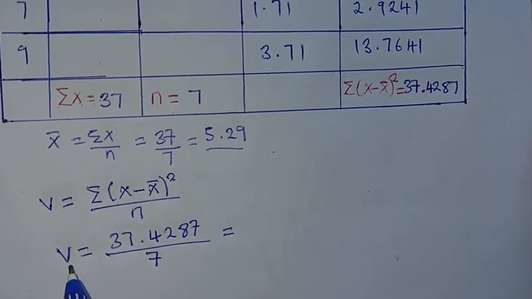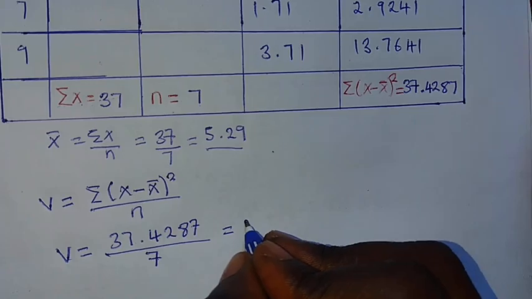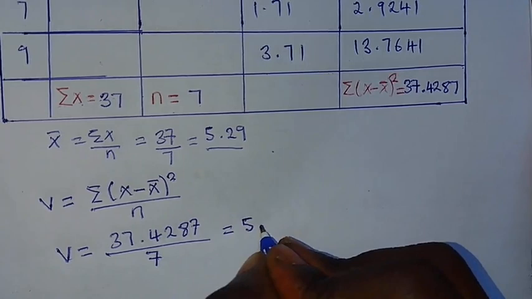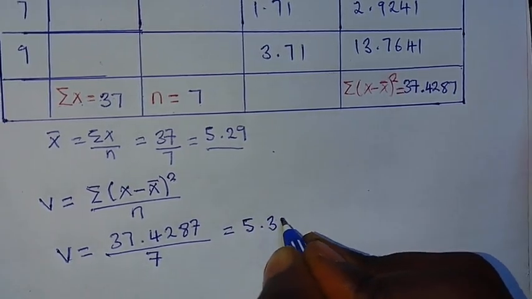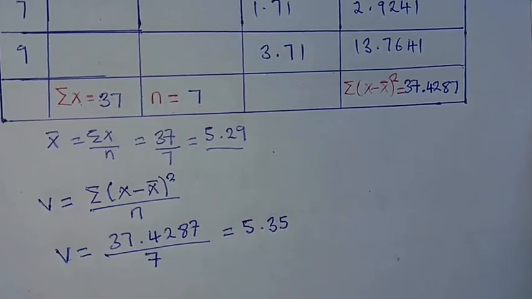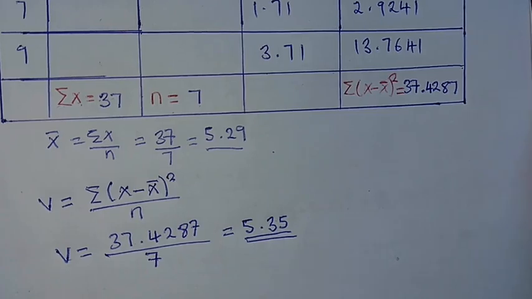So when you divide 37.4287 over 7, you'll get something like this. You'll get 5. I've already rounded off this one to 2 decimal places. You get 5.37. This is what you are going to get, 5.37 as your variance.